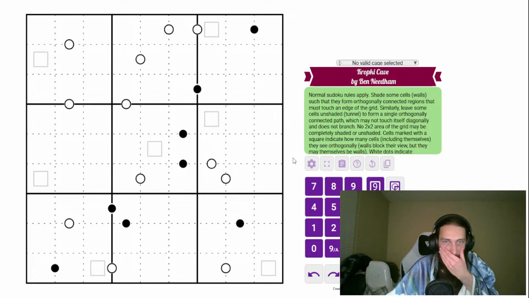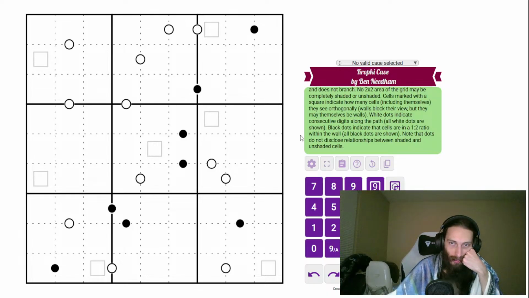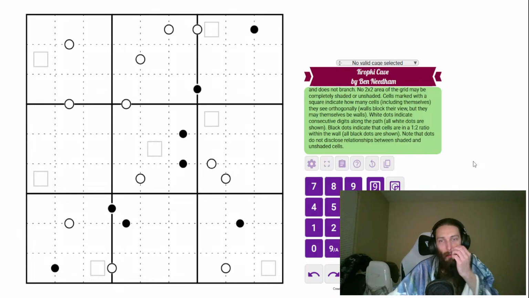I'm a little confused, but white dots indicate consecutive digits along the path. All white dots are shown, and black dots indicate that cells... Oh!